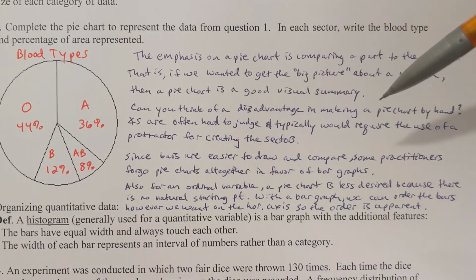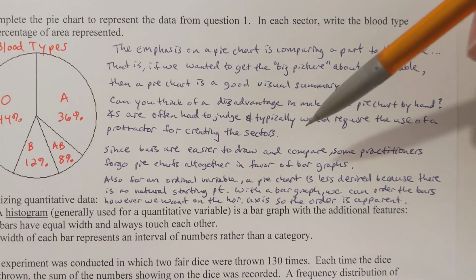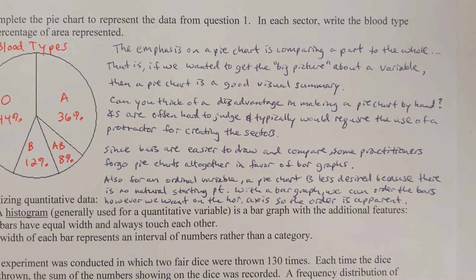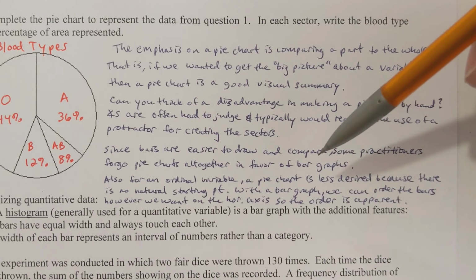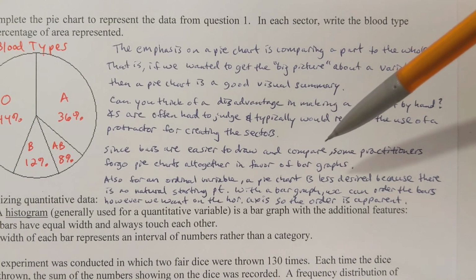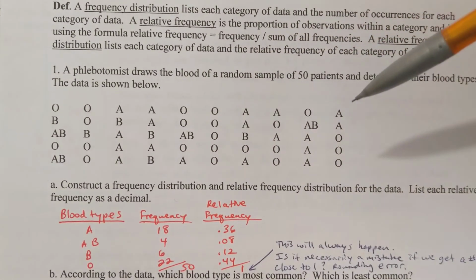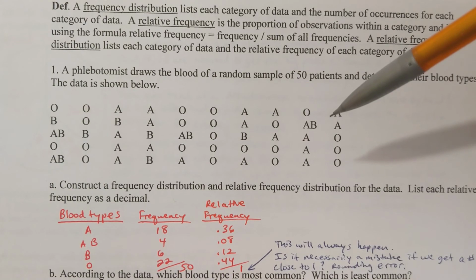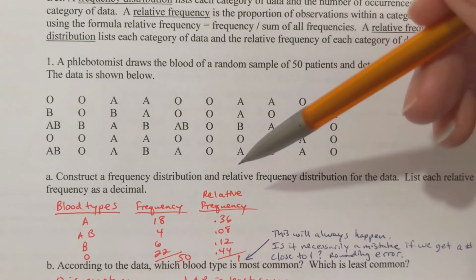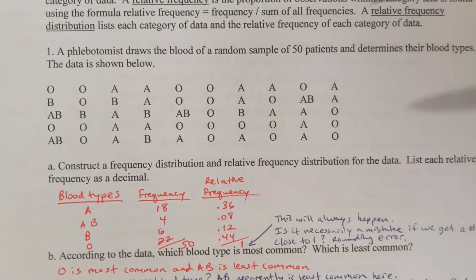Since bars are easier to draw and compare, some practitioners forego pie charts altogether in favor of bar graphs. Also, for an ordinal variable, so we talked about a nominal variable and an ordinal variable. By the way, blood types is an example of a qualitative variable. I don't have numbers here, so I can rule that out, right? And this is a nominal variable, so there's no order that makes sense here, unless you change the variable, which I don't want to do.